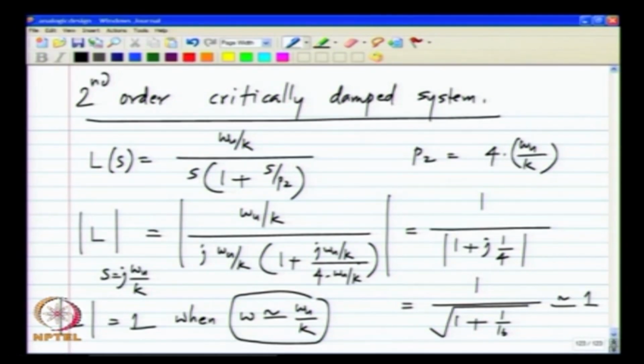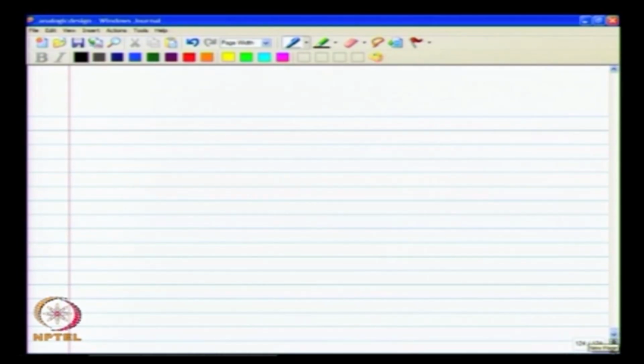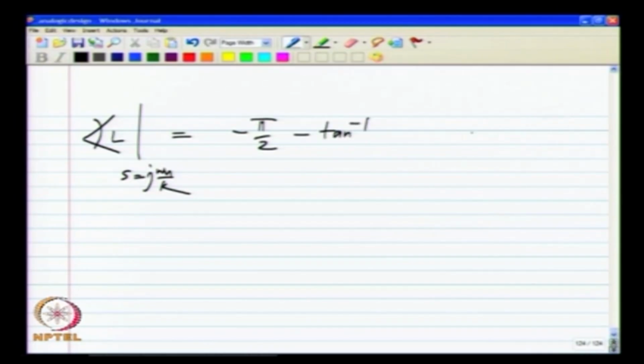Okay. So, now we have to find out the phase angle of this at omega equals omega u by k, and that is quite simple. Angle of L where s is j omega u by k is given by minus pi by 2 minus tan inverse of omega u by k divided by p 2, which is 4 omega u by k.